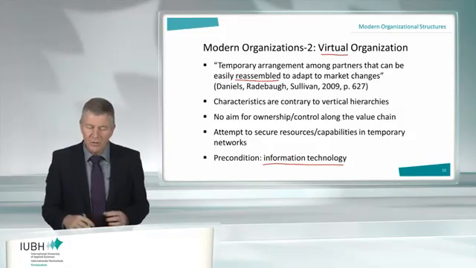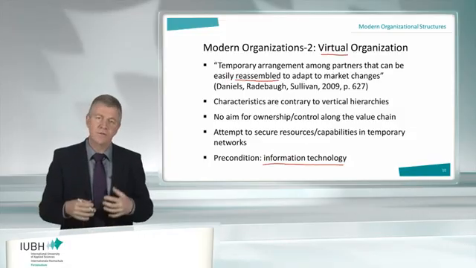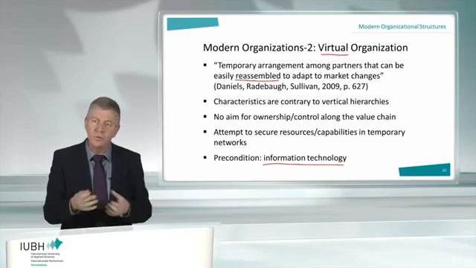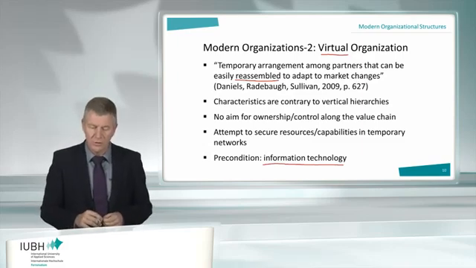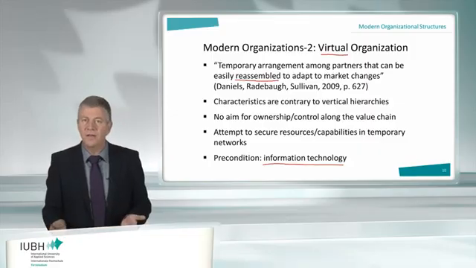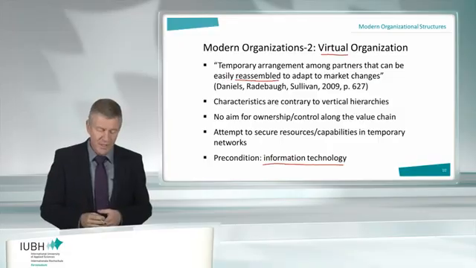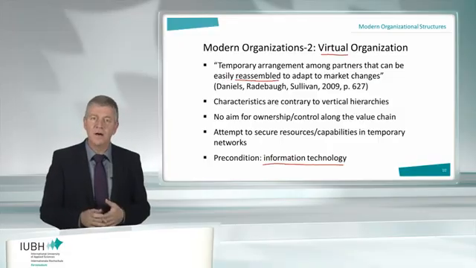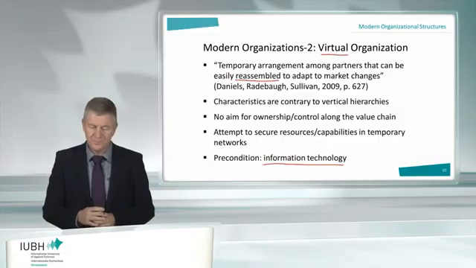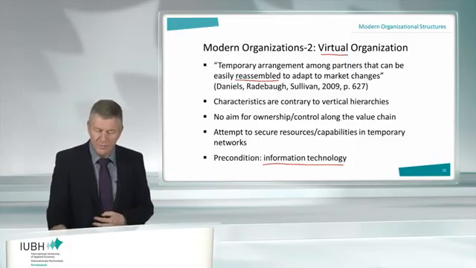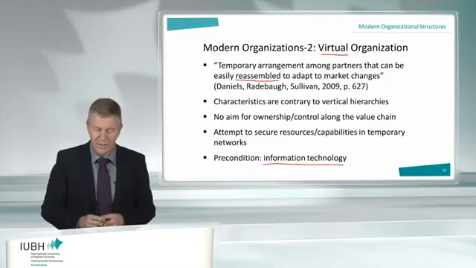Why? Because if the market changes, if demand is changing, then you can come to a new composition of your virtual organization. And many times that is going via the internet, via email, in that knowledge and certain capacities are transferred electronically. Now, the characteristics of such a setup is more or less contrary to vertical hierarchies.